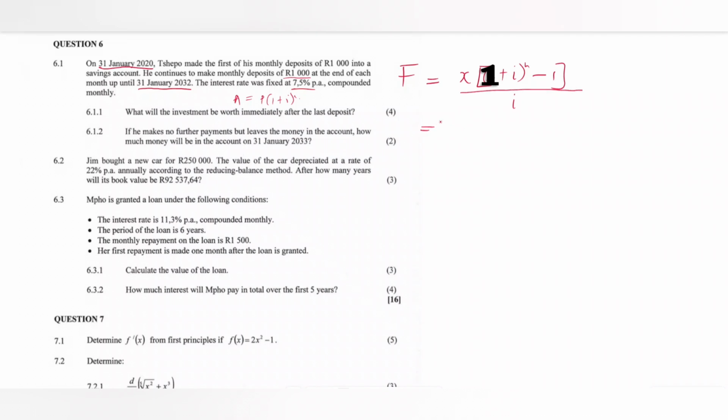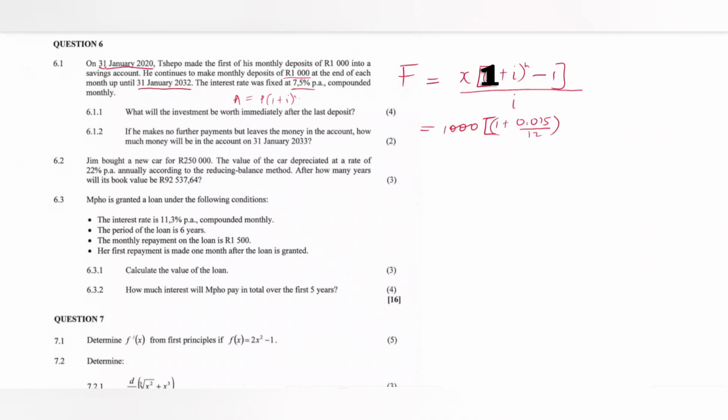Our x, which is the monthly deposit, is 1,000, then 1 plus our interest rate, which is 7.5%. We need to convert it to a decimal, that is 0.075, but it is compounded monthly. This 7.5 is per annum, so monthly we have to divide by 12. Then n is the time of investment.